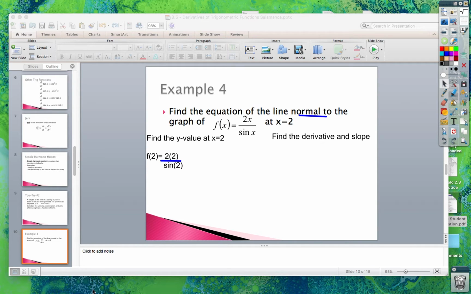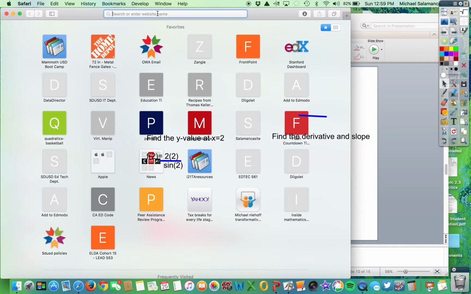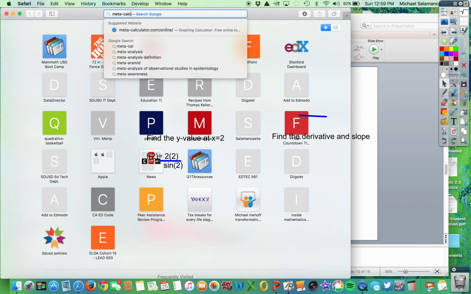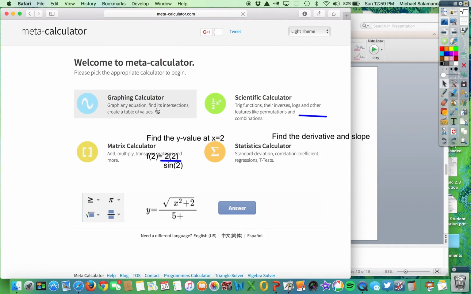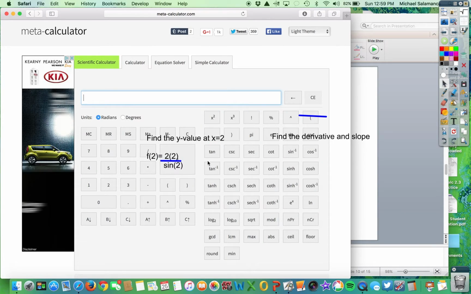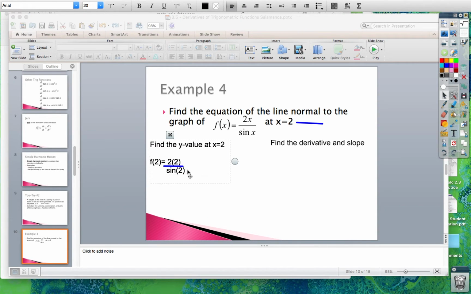So when we plug this into the calculator, which I'm going to do really quick right now, going to metacalculator.com, we're going to do 4 divided by sine of 2. That's equal to 4.399. So f of 2 equals 4.399. Let's just say 4.4.